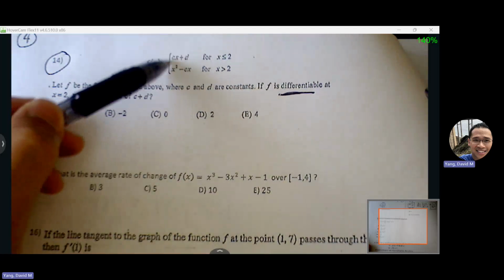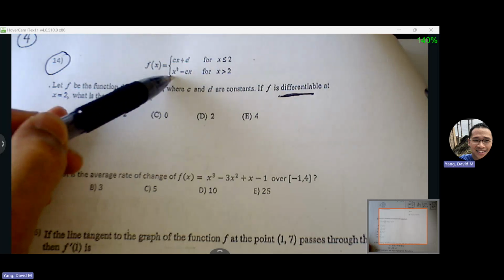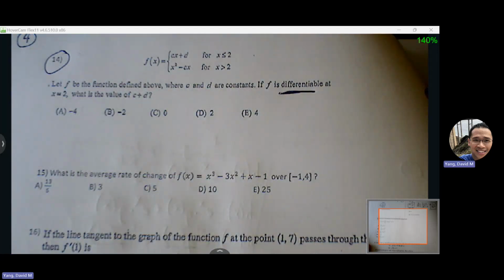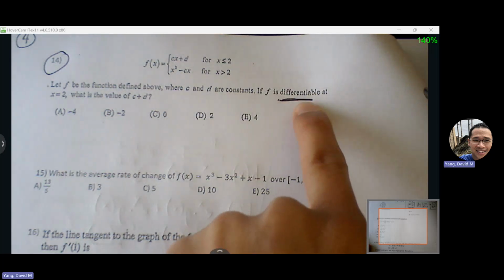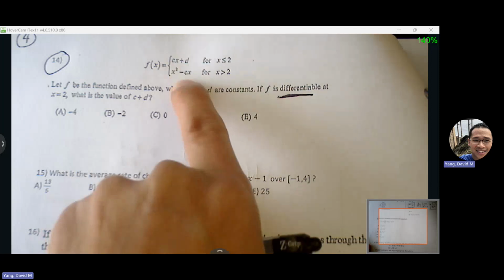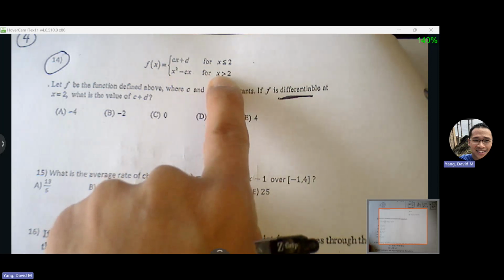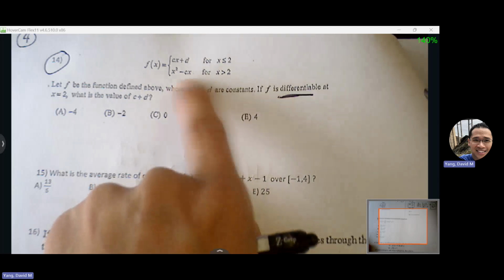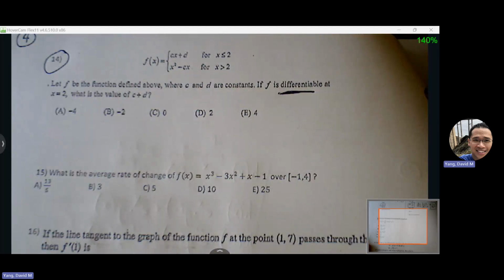So we have a piecewise function here. Piecewise function means that the pieces are potentially separated, but they're telling us that the graph is differentiable, meaning that these two piecewise functions are not only going to connect at 2, they're going to connect in a way that's a smooth transition. There's not going to be a sharp turn.